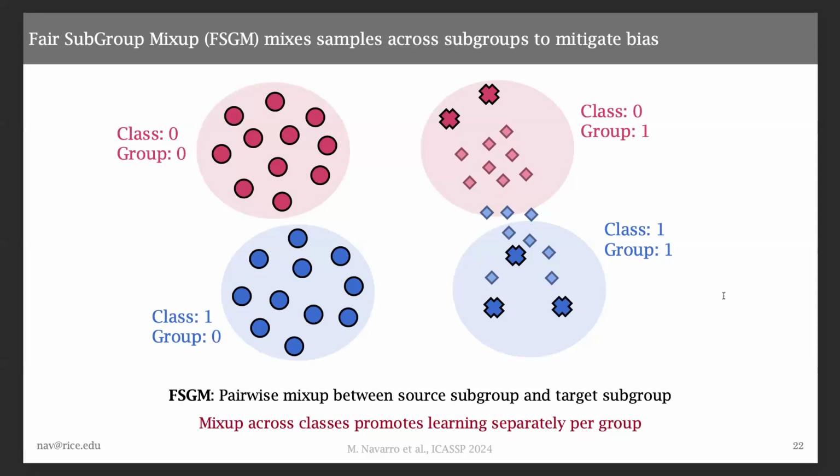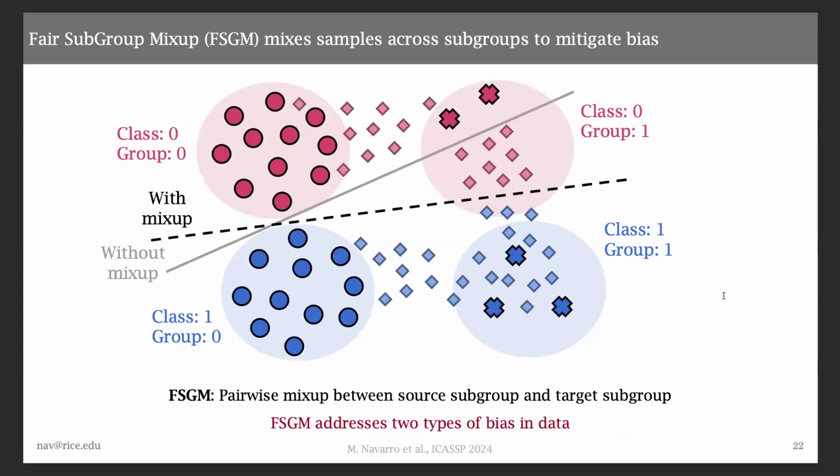Okay, so we can show this. Fair subgroup mix-up can address these two types of biases, imbalanced data and also shifts in distribution. So we'll look at some synthetic cases to demonstrate these, and then we'll look at a real-world case with real-world data.